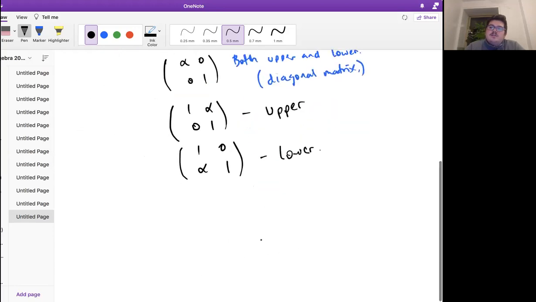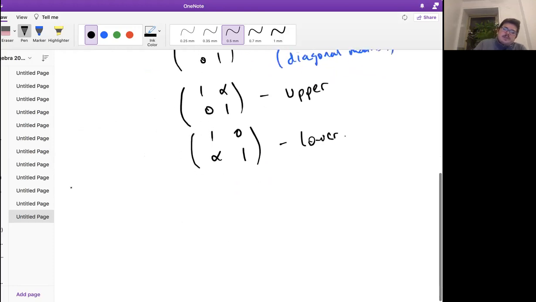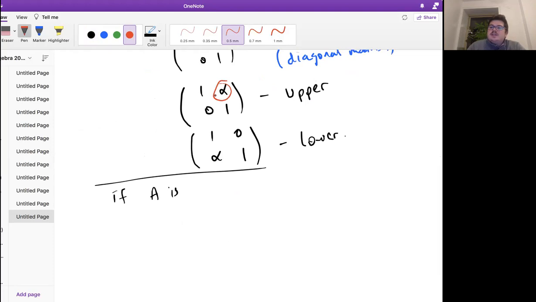All right, so pretty much out of time, but I'll give you this thing to think about. Upper is interesting stuff in the upper right, yeah.